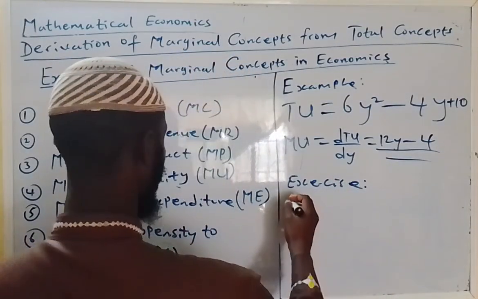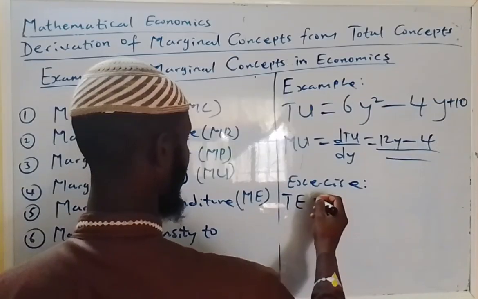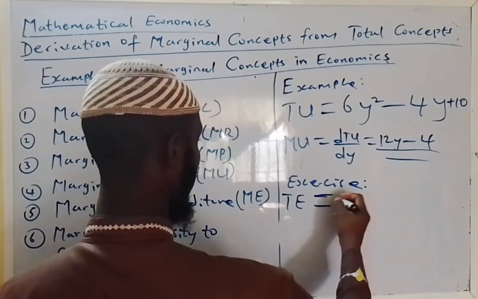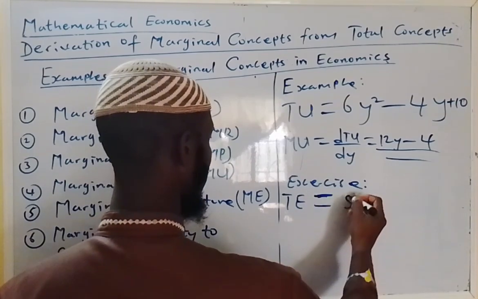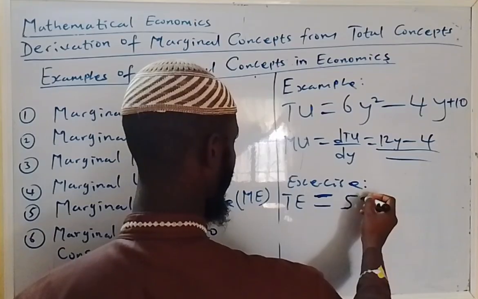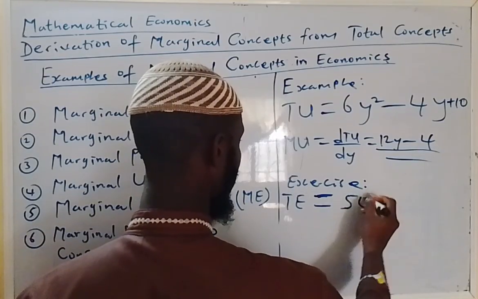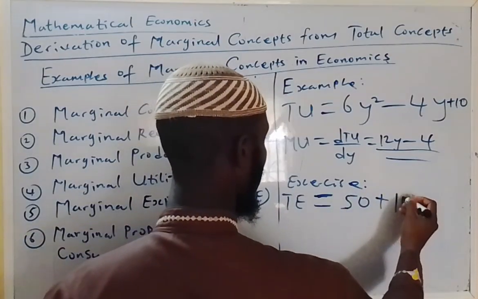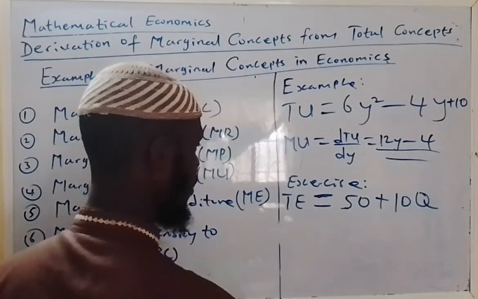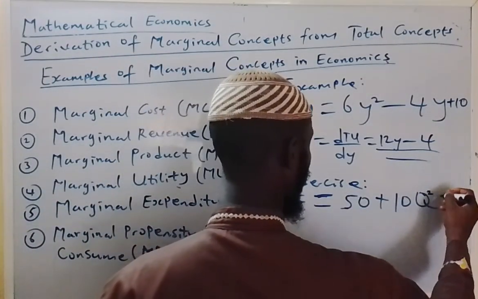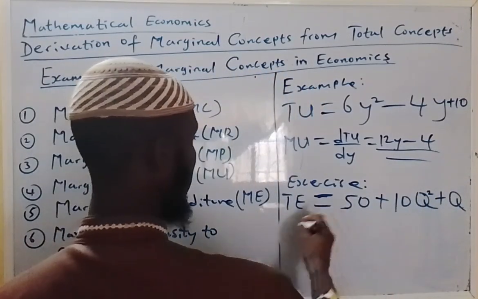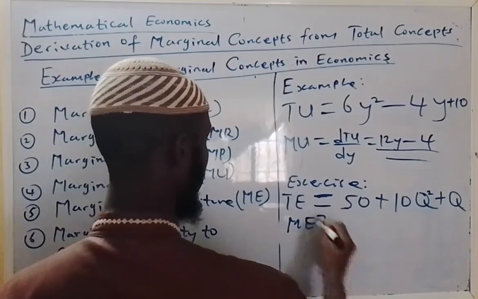So let's say we have a total expenditure equal to 50 plus 5Q plus 10Q squared plus Q. Can you derive marginal expenditure from this function?